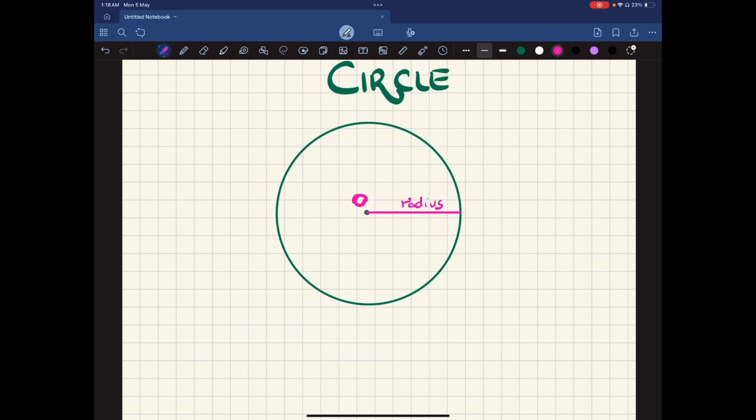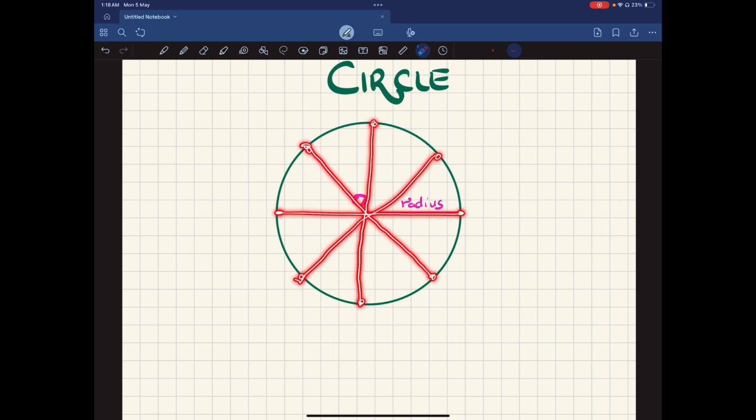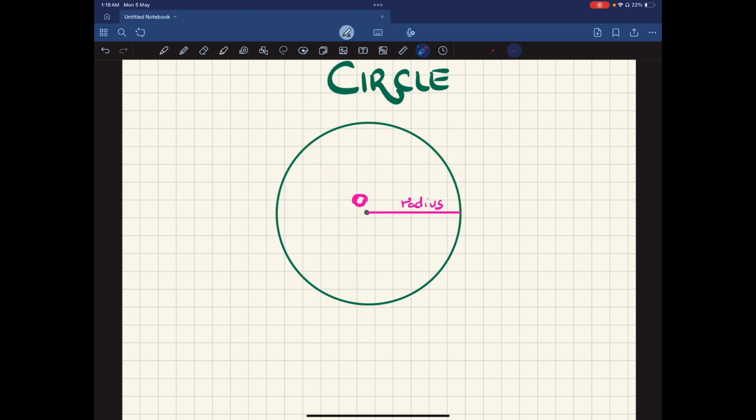Diameter is a line segment which passes through the center, so a line which passes through the center and connects 2 points on the circle. Any 2 points on the circle, but passing through the center is a must, okay? All of these are the diameters.